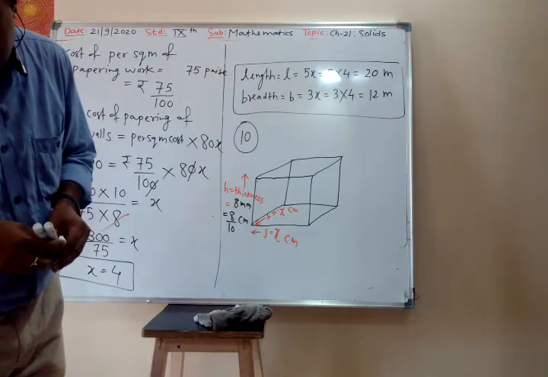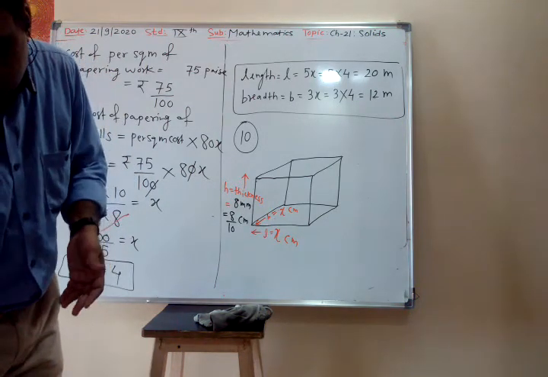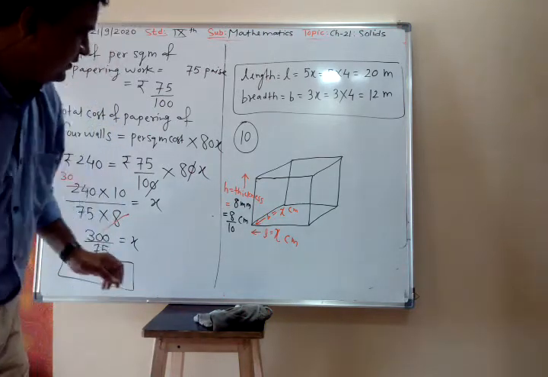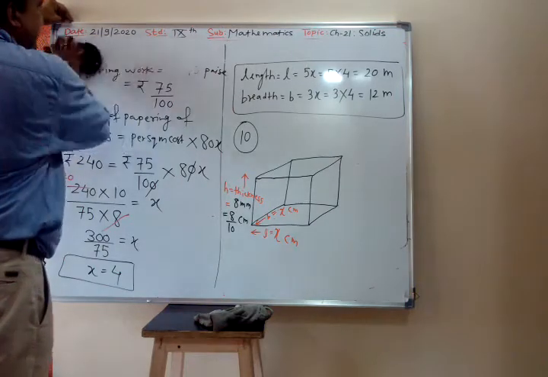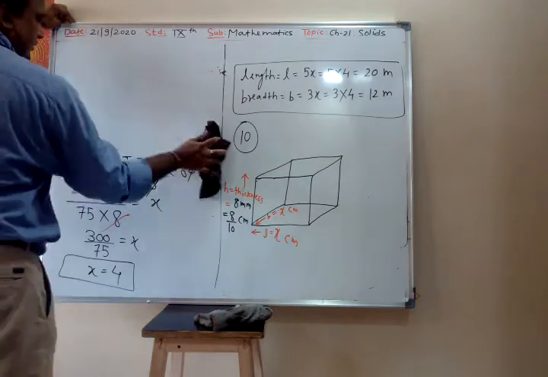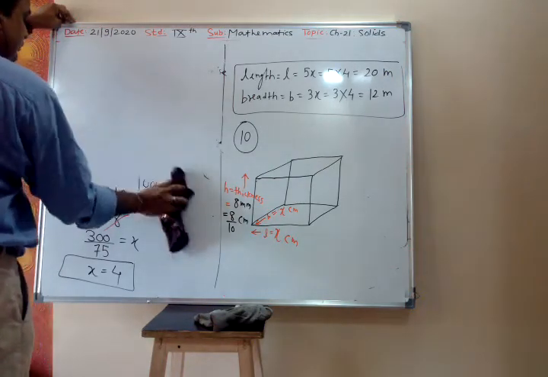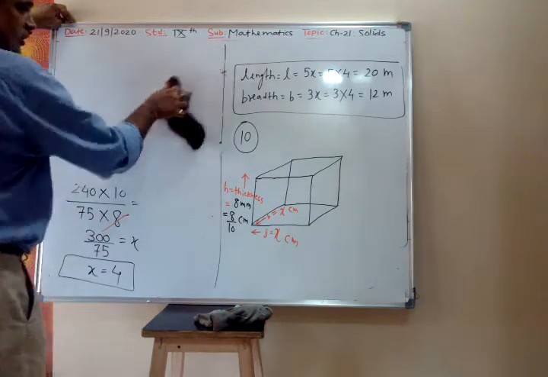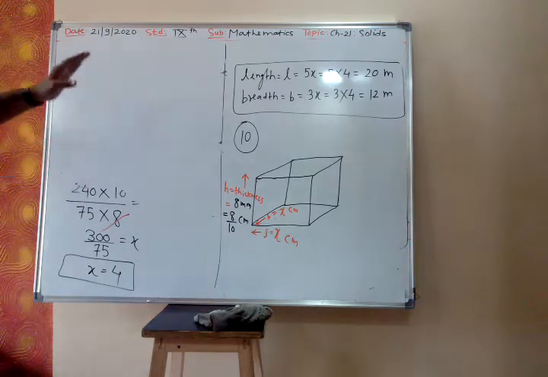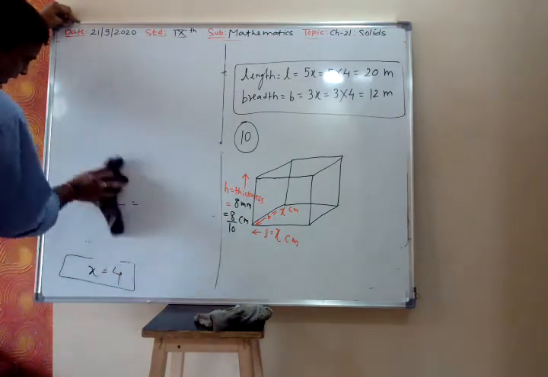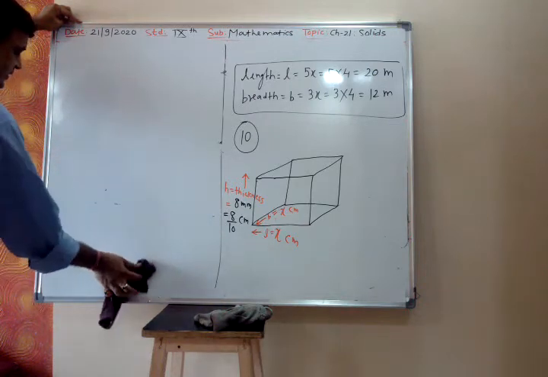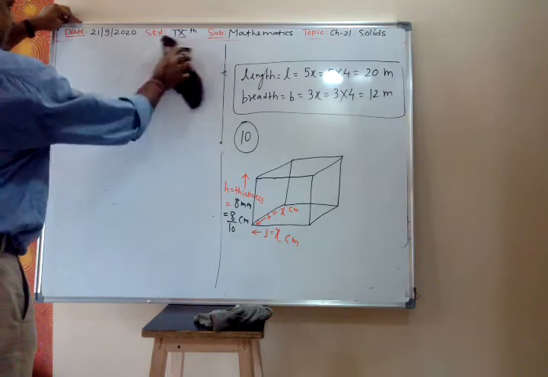Then further, what is given? Its volume is given. So we will take the volume of a cuboid. Why? Because length and breadth are equal, but height may not be equal. Only the base is square, but height is different.